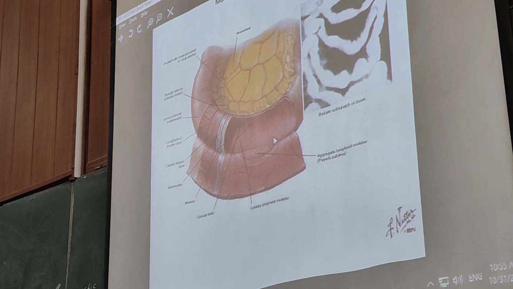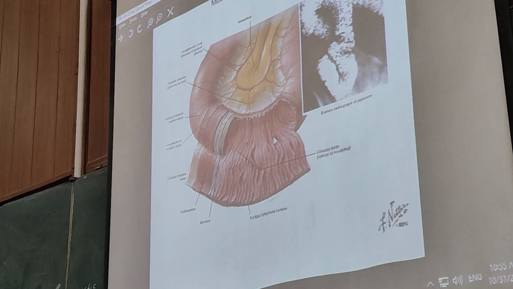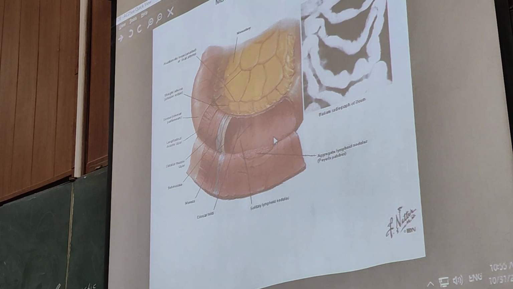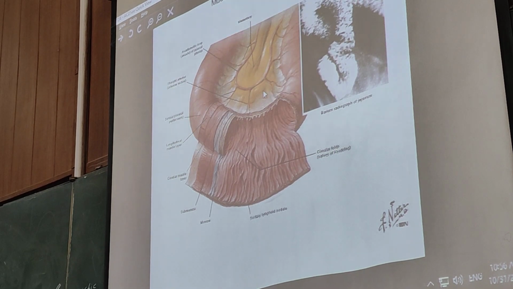It's smooth. Again, look carefully at the mesentery of the ileum and jejunum. What happened? In the ileum, as you can see here, the fat, this red one, is richer around the intestine, but here there is less. And look at these arteries.